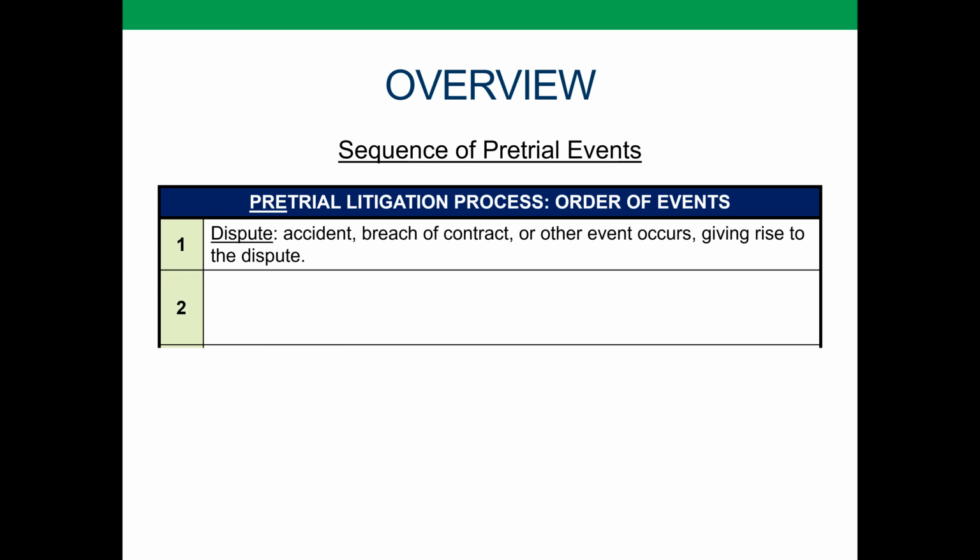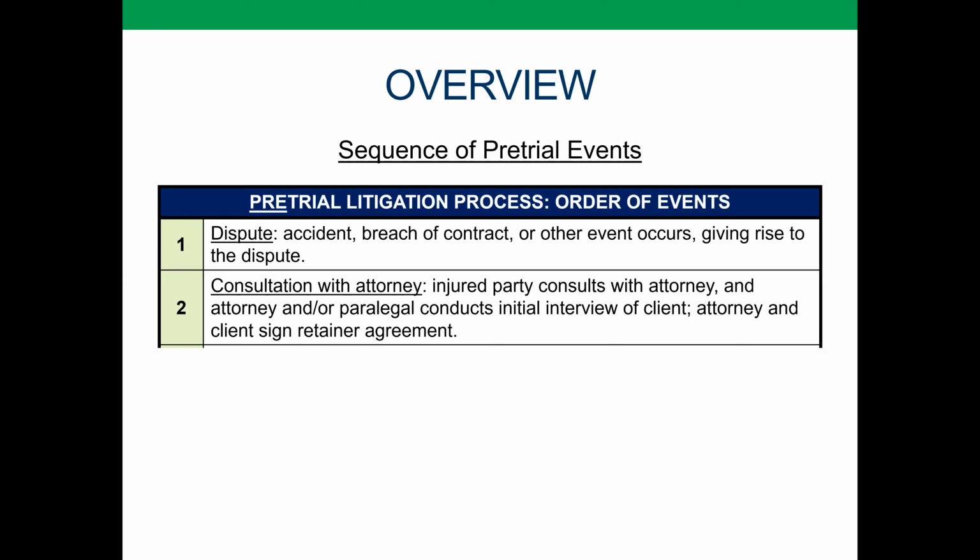So the aggrieved party will usually consult with an attorney at that point about the prospects of suing. And if the attorney concludes that, yes, this person has a good case, the attorney or the paralegal of the attorney may conduct a more extensive interview of the client to get more details or conduct a little bit more investigation to get the information necessary to file the lawsuit.